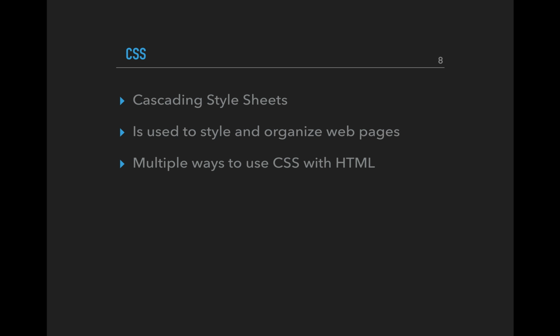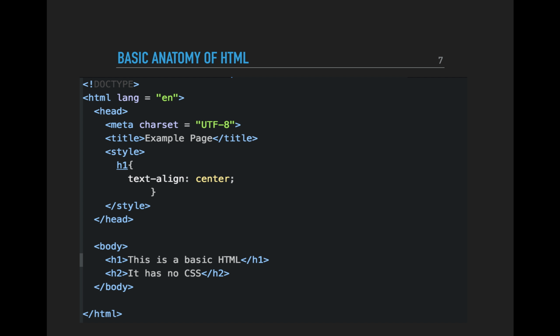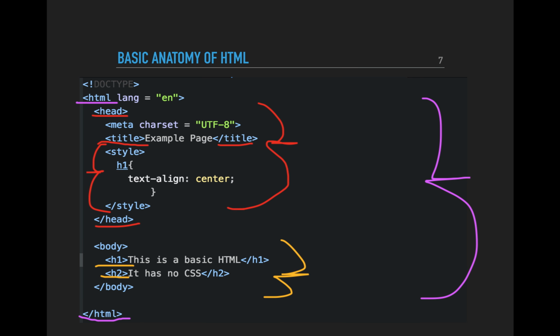So, first off, you can have a separate CSS file. In that file, you can have all your CSS code, and then you will later link it with your HTML file. As you saw in my code earlier here, we have our style.